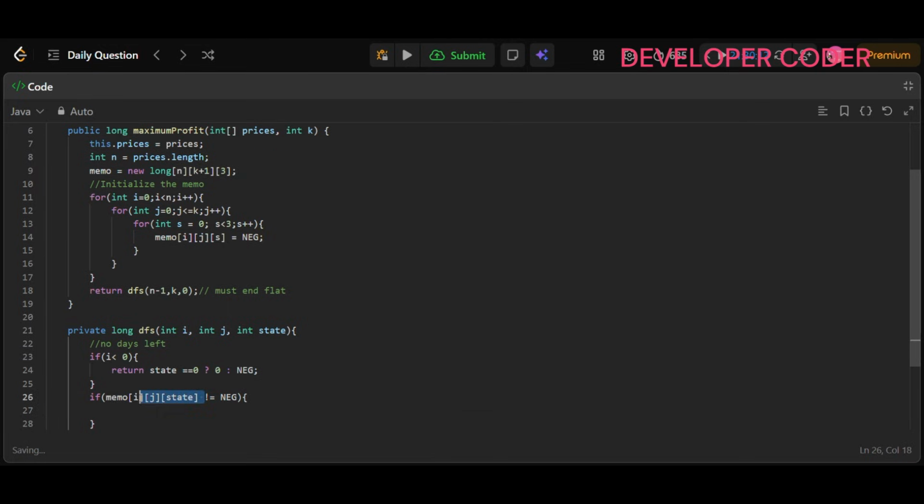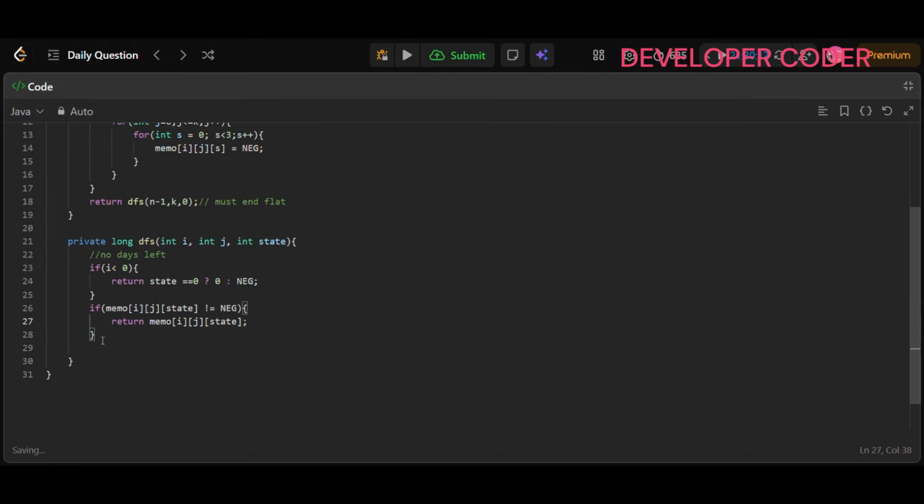So in that case I don't need to calculate any further, I will simply return this same value, that's it. Now here first p is nothing but your prices at i, and prices globally I have, so I can simply use prices of i.